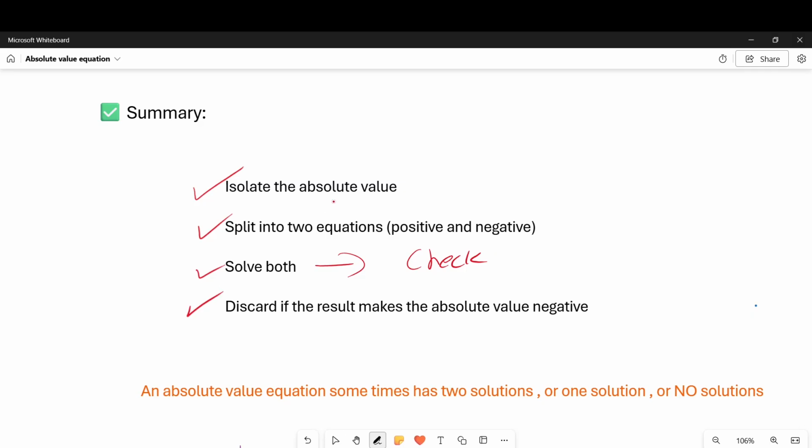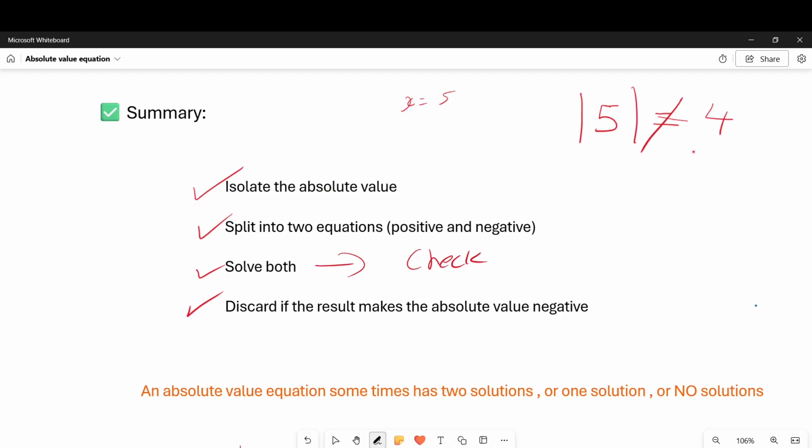See, one more condition we need to consider. While substituting, if the left hand side absolute value makes a value which is not equal to the right hand side, so while substituting x back into the equation, we have an equation like this: left hand side absolute value of 5 is equal to 4. Is it correct? No, it is not correct.